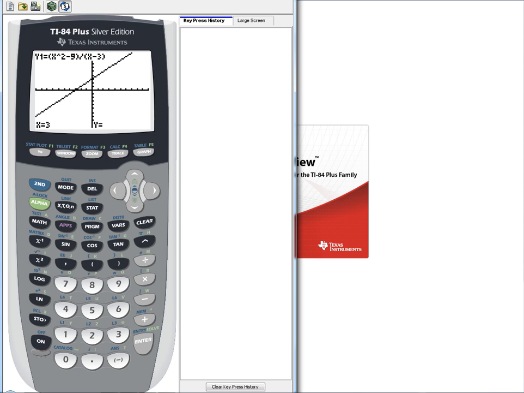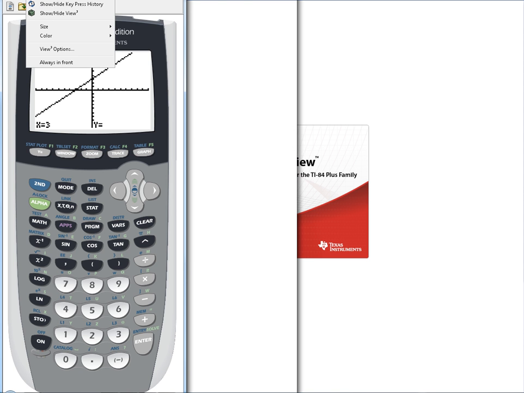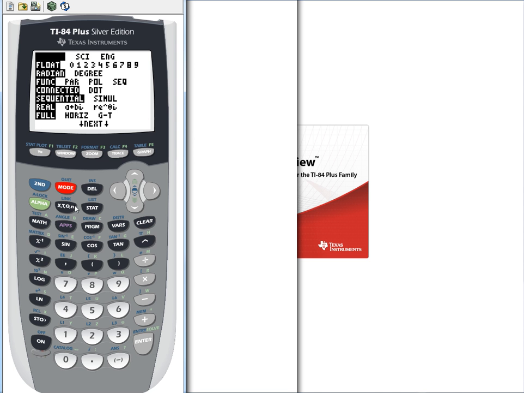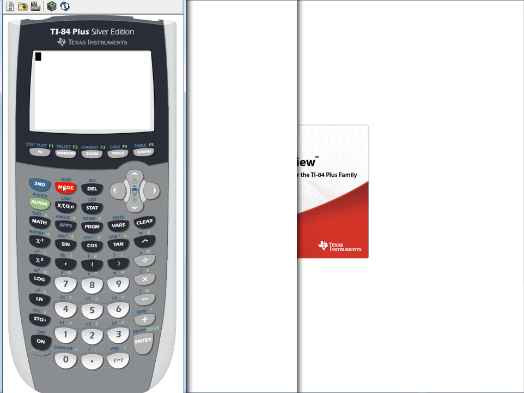Okay, if we graph, let's make sure we're in radians mode here. Yep. If I graph the function sine theta over theta, or sine x over x, do you guys know how to get to the fraction template on your fancy calculators?